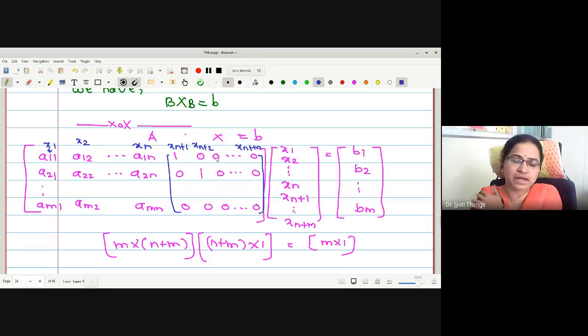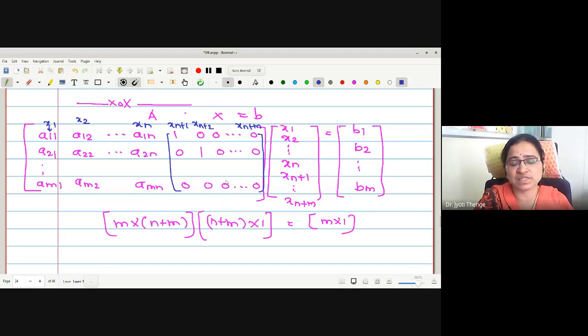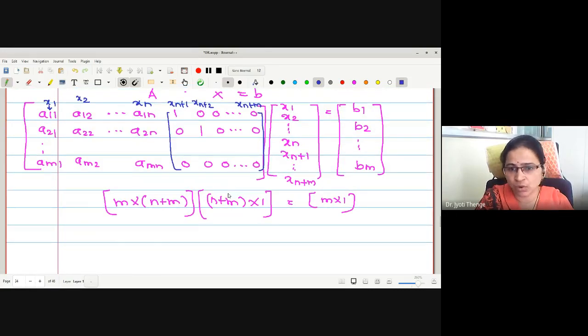What will this matrix form? This matrix will be a submatrix of A, and let me call it submatrix B of A. What is the order of this matrix? No doubt m rows. How many columns? m we have selected. Therefore, m cross m. Correct?